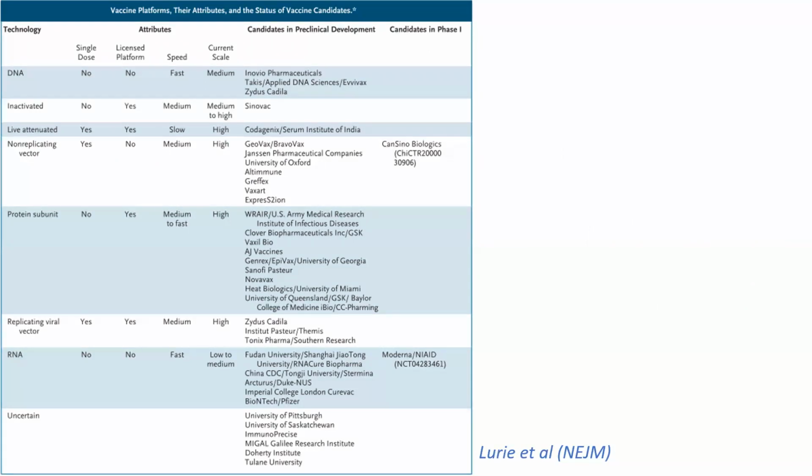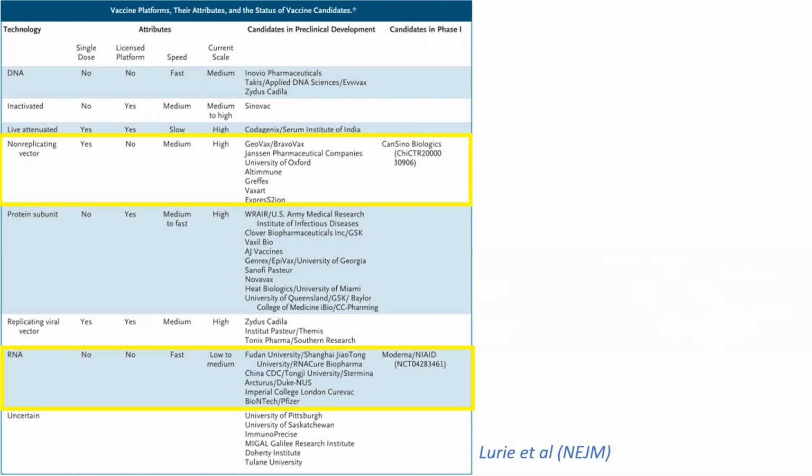So DNA inactivated, live attenuated, non-replicating, the protein subunit from the spike protein, replicating viral vector, RNA vaccine, or various other vaccine targets. And of note, at the time of writing, 2 of these were in phase 1 clinical trials. Non-replicating vector, which could be used as a single dose, which is good.